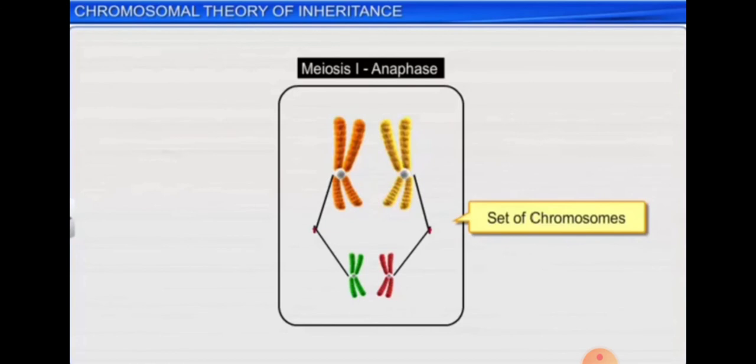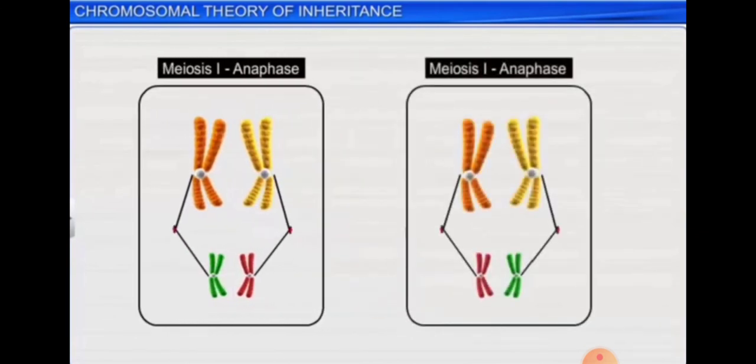Now let us study the behavior of the chromosomes during cell division. In the anaphase stage of meiosis 1, a set of chromosomes aligns along the metaphase plate. Here we can see the long orange and a short green chromosome, as well as long yellow and short red chromosomes, lying at the same pole.